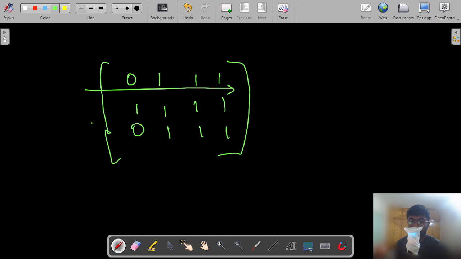So once we are in this row, first column, 1 comma 1, we can see that there is 1 at the top, and to form a 2 cross 2 all-ones matrix we also need to have a 1 here, right?